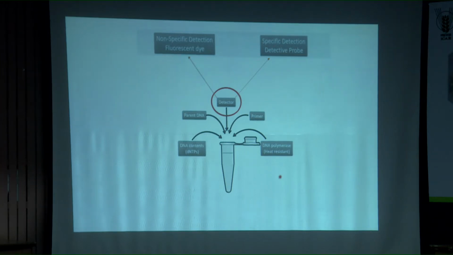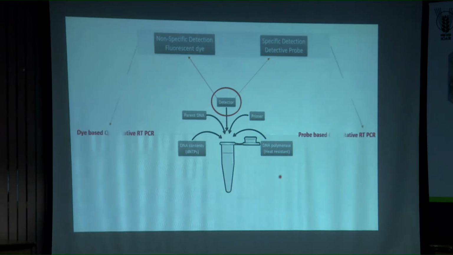Try to understand this, right? Next few slides will talk about this only. What exactly is the difference between this fluorescent dye-based monitoring of PCR and how it is different from the probe-based monitoring of real-time PCR, right?